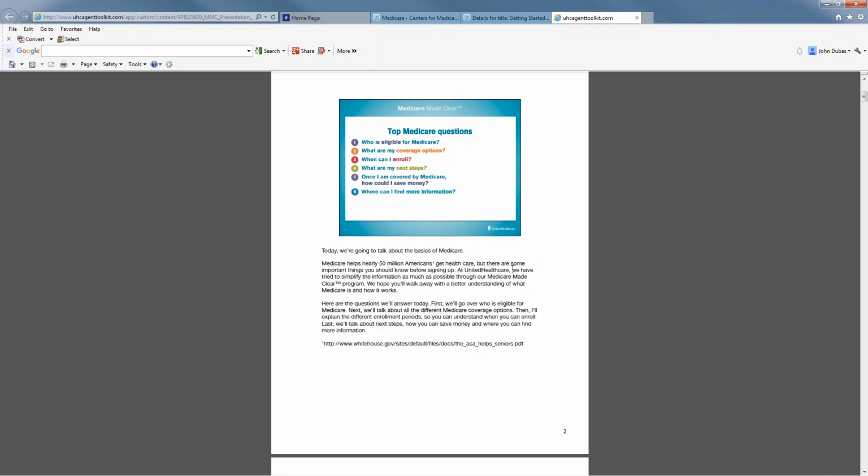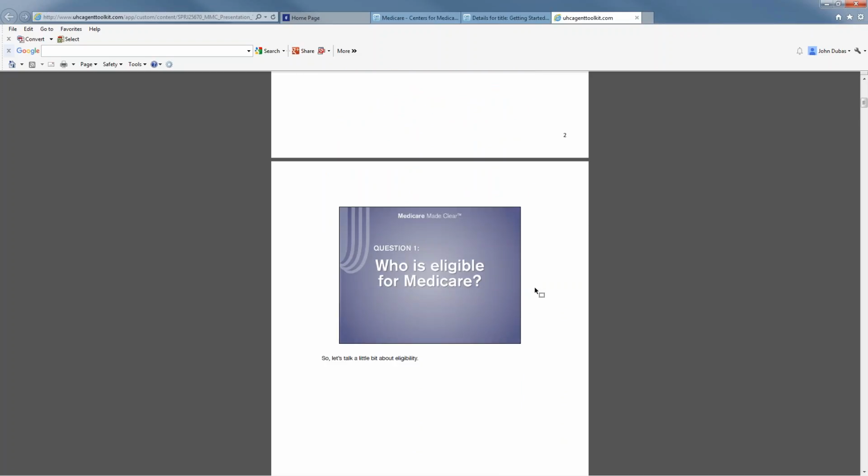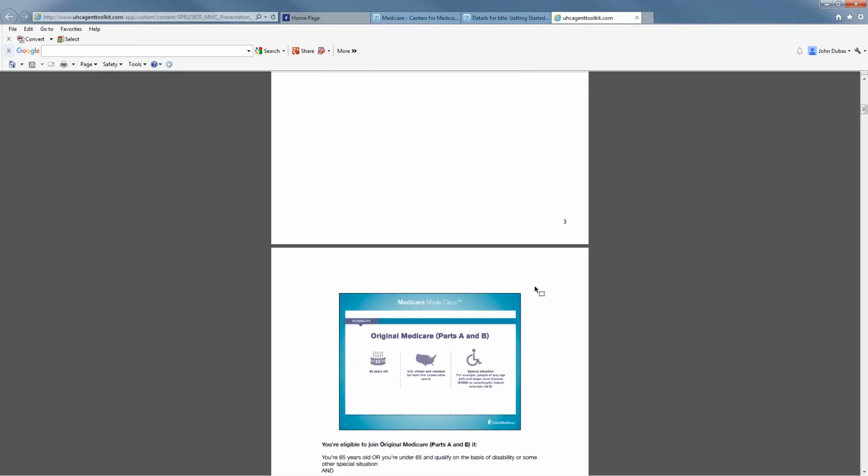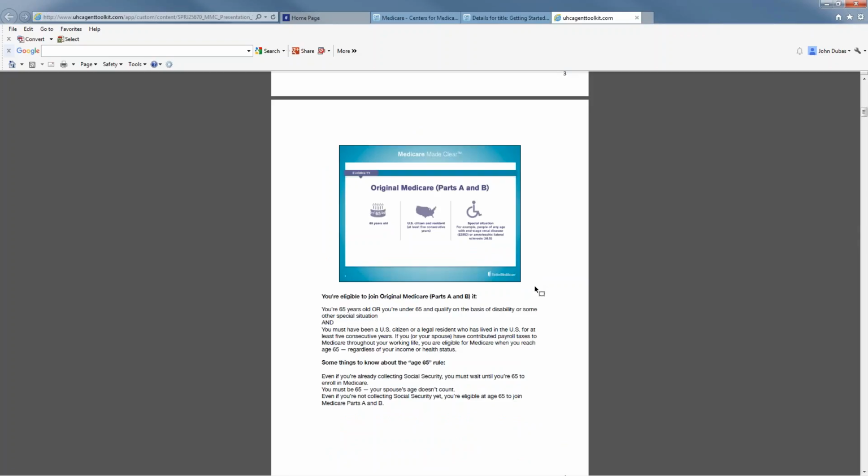This is going to help people who are eligible for Medicare and answer a number of different questions. When we speak to eligibility, it tells us that we are eligible for Medicare Parts A and B, original Medicare, if we're 65 years or older, or if we're under 65 and qualify on the basis of disability or special situation, and we've been a citizen or a legal resident in the U.S.